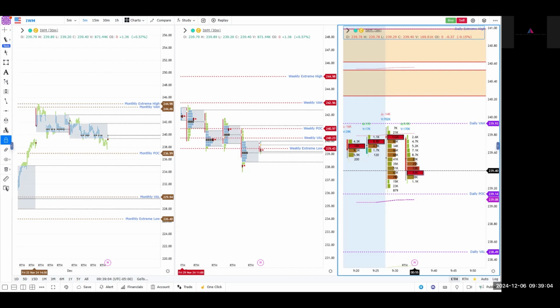I'm playing the 239 puts. So we're building in volume here, which is not the best sign. And there's a lot of buyers in that candle too.